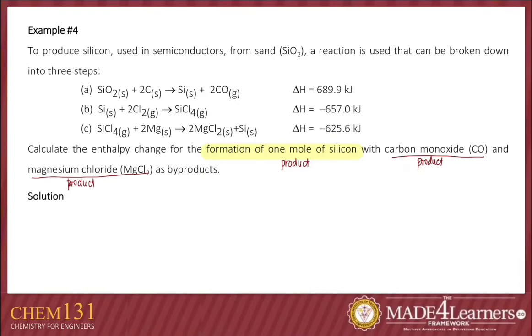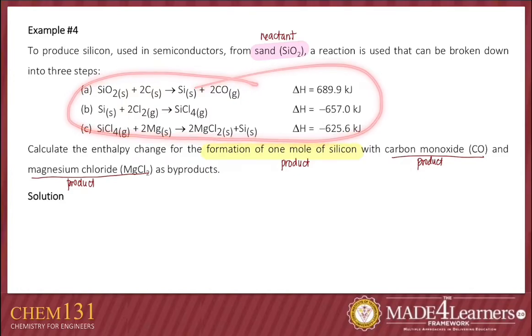Okay? What is in the reactant? To produce silicon from sand, so sand is on the reactant side. Let us look at the three equations. This is already Hess's law.